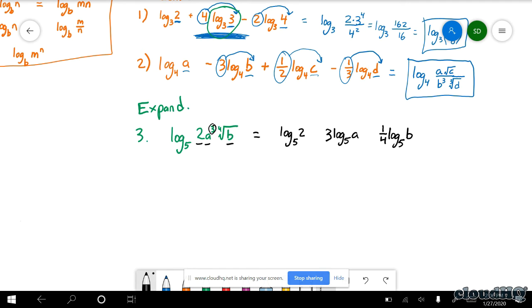And then the last thing I have to do is state whether they're added or subtracted. Notice there was no fraction here. Everything was multiplied together, so it's just addition. They're all positive logs. So we get log base 5 of 2 plus 3 log base 5 of A plus 1/4 log base 5 of B. That would be our answer.